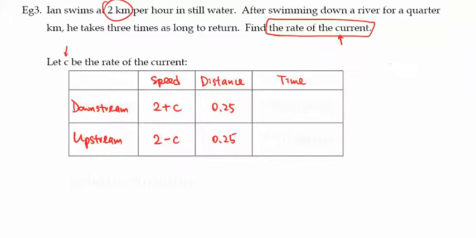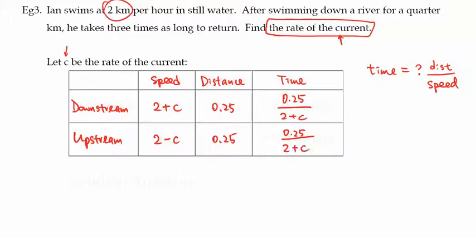How do we use speed and distance to find time? Would it be distance over speed or speed over distance? Distance over speed. We want distance over speed for time. And the same thing for the upstream against the current.